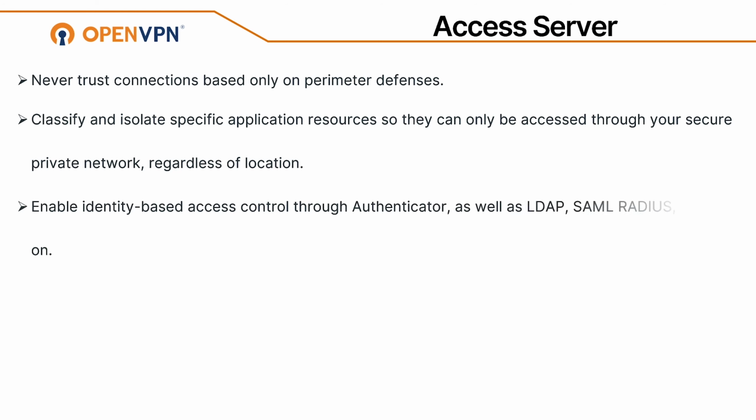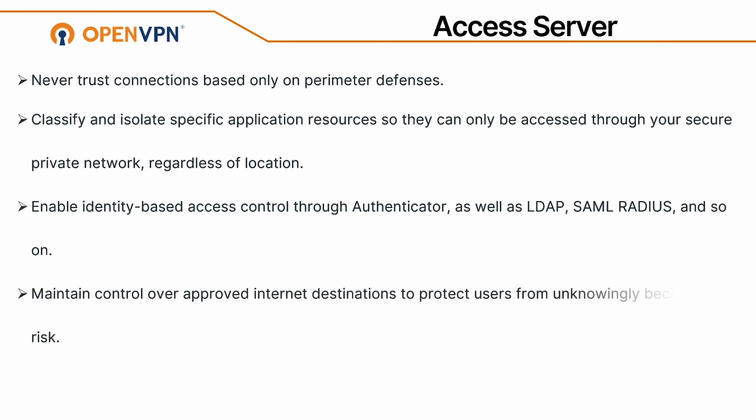You should enable identity-based access control through authenticators such as Google Authenticator, as well as LDAP, SAML, Radius, and so on. Now, one side note: Access Server also supports identity as a service providers like JumpCloud. Then you maintain control over approved internet destinations to protect your users from unknowingly becoming a risk.